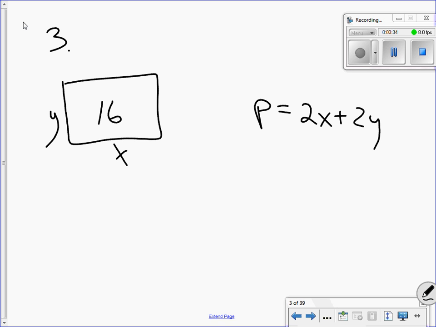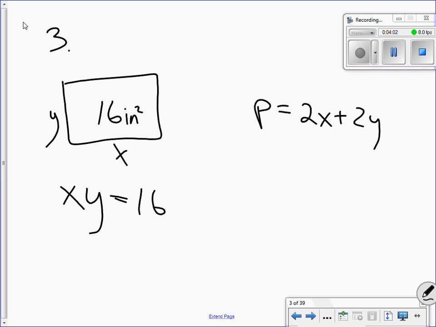They gave us that the area was 16 square inches. Do you see that that's going to give us our second equation? So x times y equals 16, right?